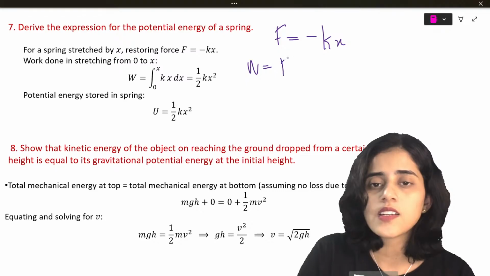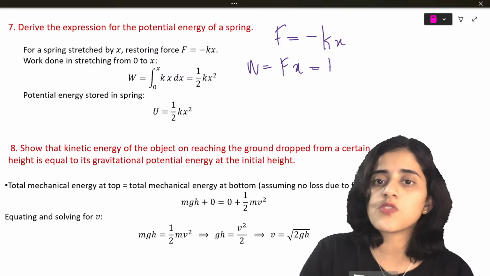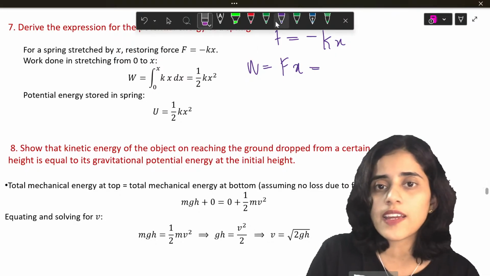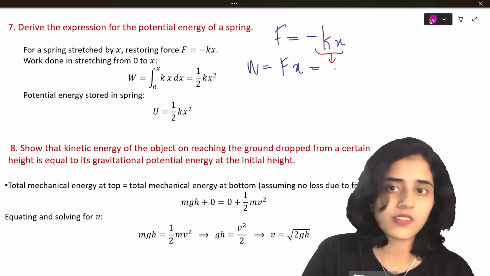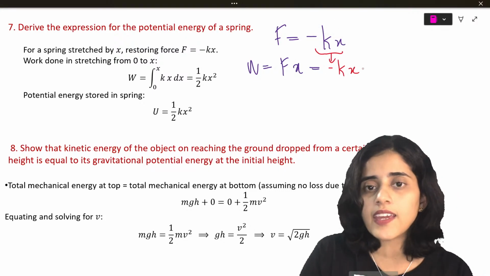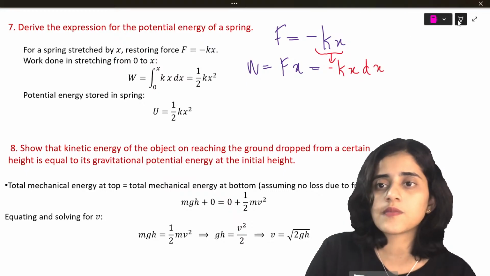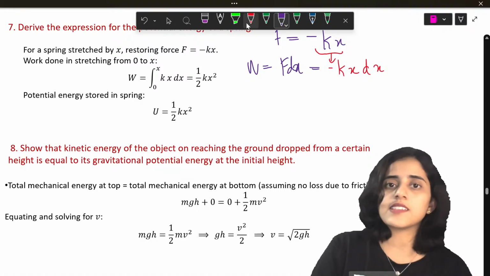Work done is force into displacement, which is, instead of force, I will write this. I'll write minus kx into displacement, which I will take as dx.